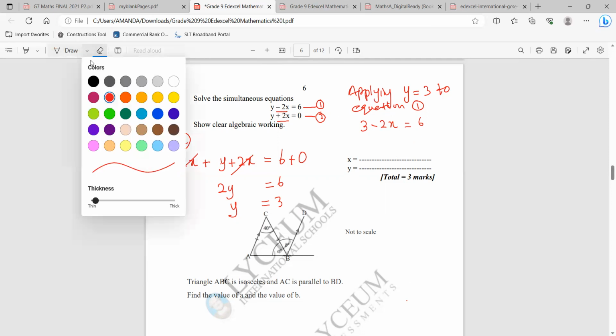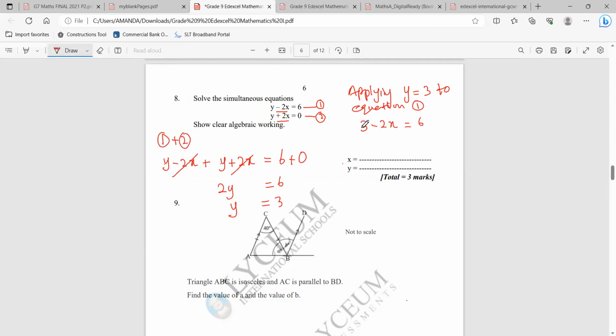So the 2x is going to the right-hand side and the 6 is coming here. When the positive 6 comes to the left-hand side, it will change to a minus 6. And when negative 2x goes to the right-hand side, it's positive 2x. Right? And then 3 minus 6 is negative 3, equals 2x.